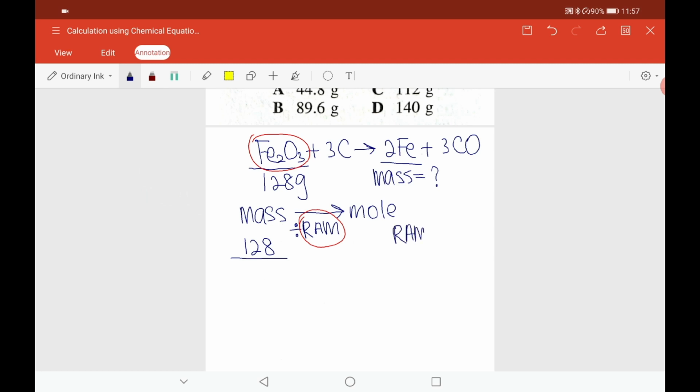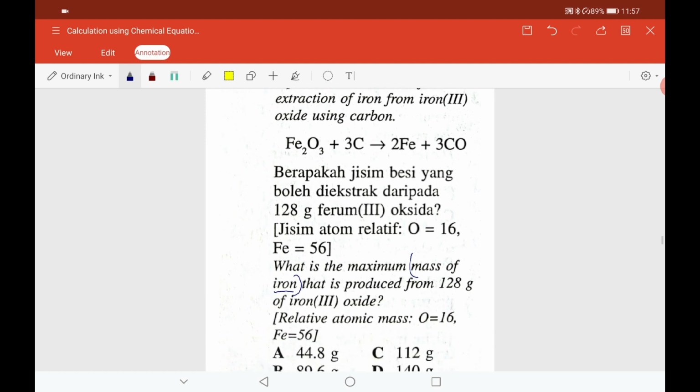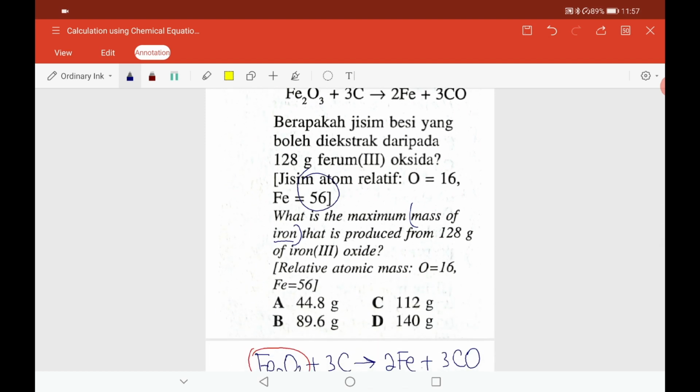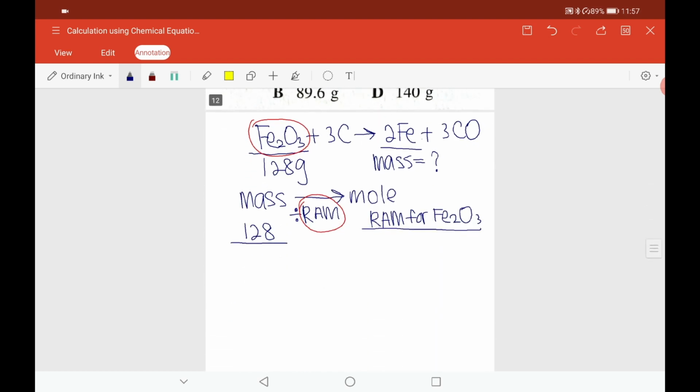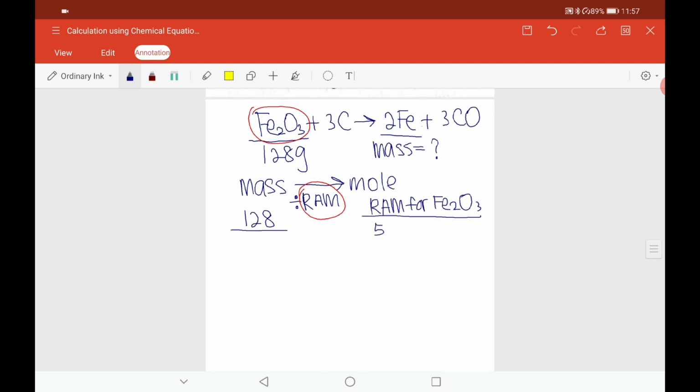So let's find the RAM for Fe2O3. The RAM of iron is 56 and oxygen is 16. Iron is 56 and we have 2 iron, so times 2.